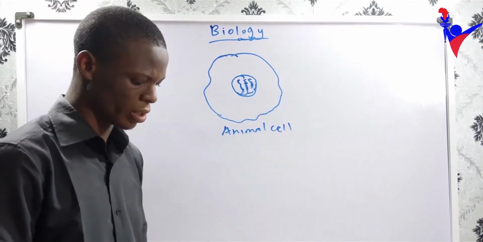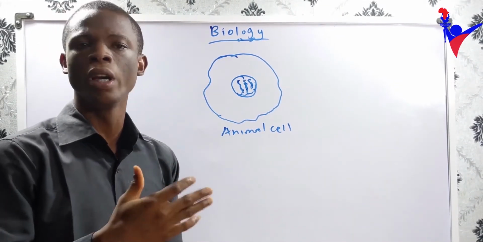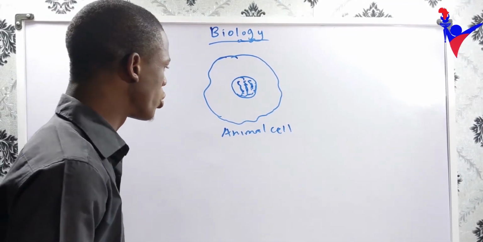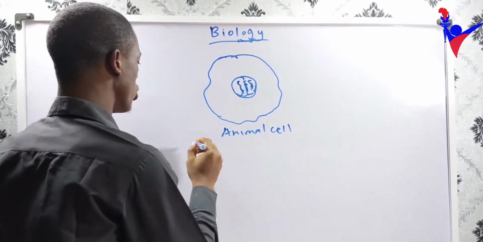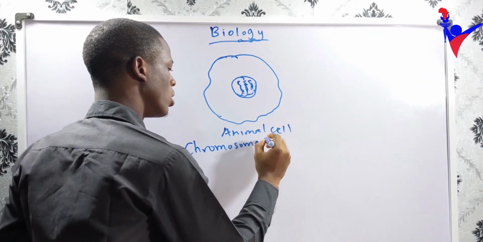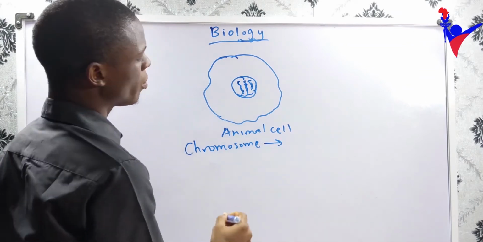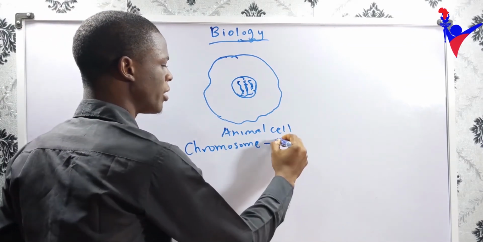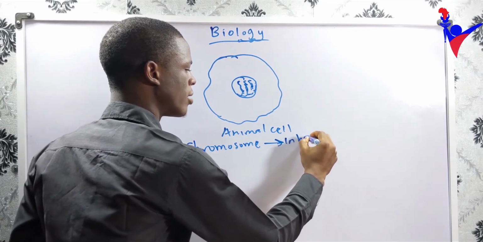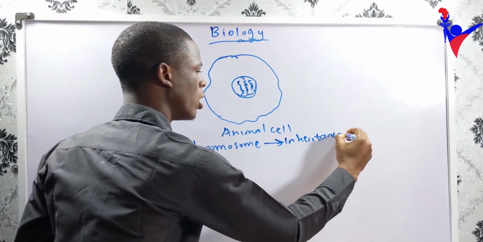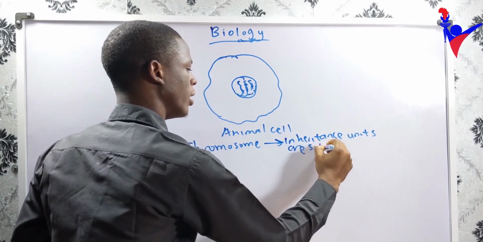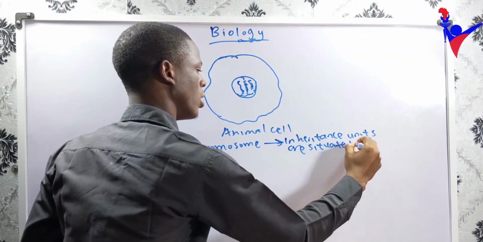So back to our question. The structures on which the units of inheritance are situated are the chromosomes.